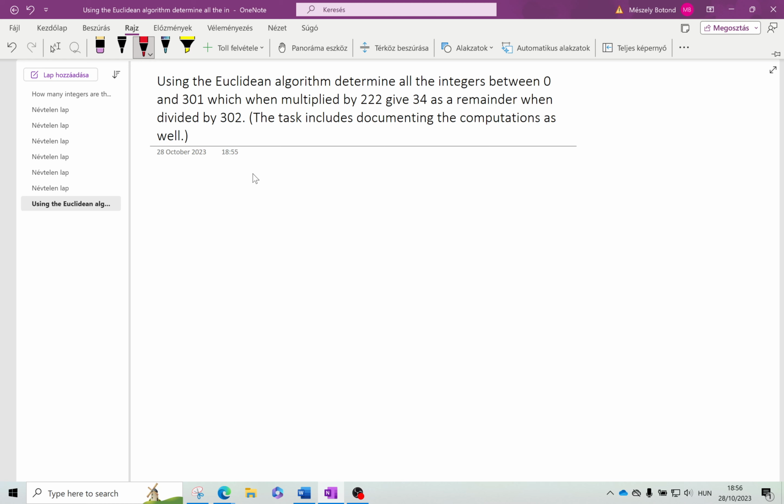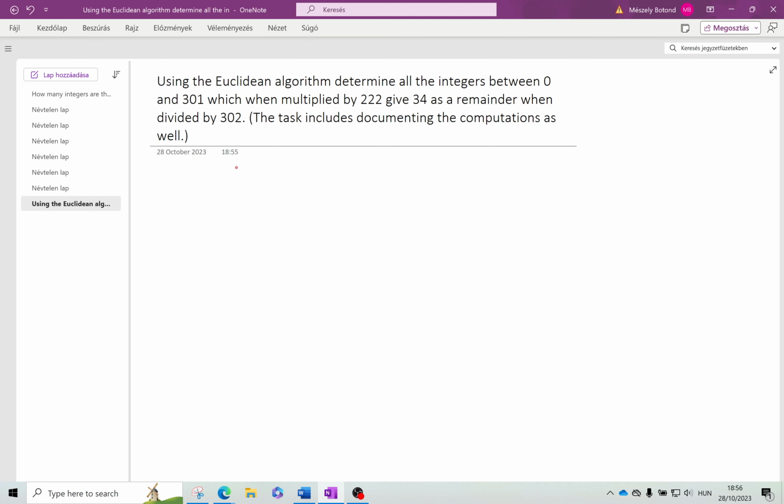It sounds complicated, but they basically are asking which x's when multiplied by 222 are congruent to 34 modulo 302, and this will come in the later stages. So currently we are only focusing on this part.